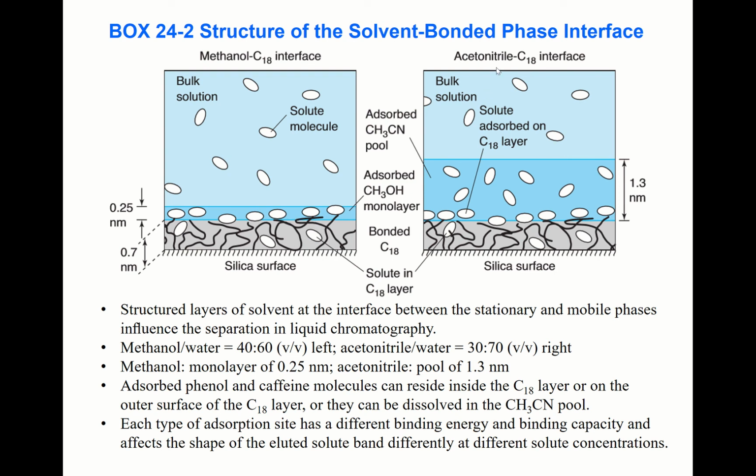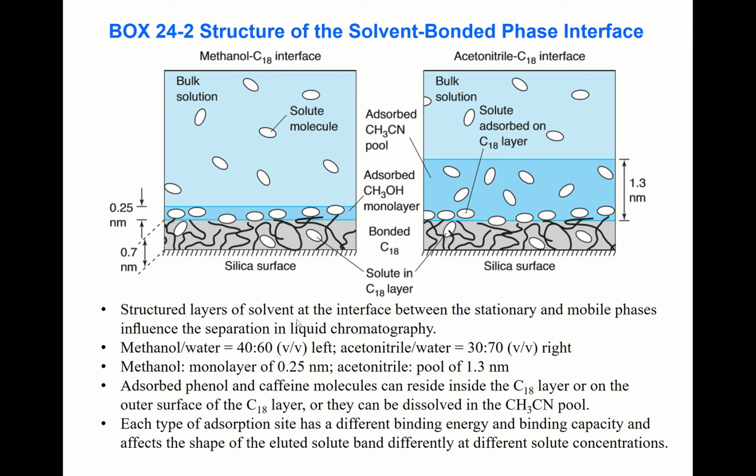For the acetonitrile solvent, this is not a monolayer. This is called a pool, an acetonitrile pool, and the thickness is much thicker, 1.3 nanometers. The solutes are in this solvent, and also in the adsorbed acetonitrile layer, and also on the silica surface.